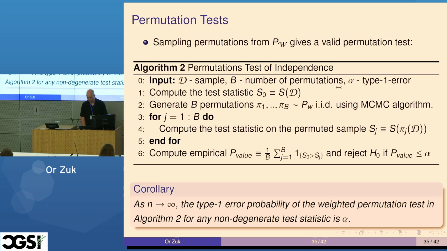And to do that, you cannot really sample permutations directly, so what we do is a Markov chain Monte Carlo algorithm. You traverse the space of permutations in a particular way such that your stationary distribution will indeed be proportional to this biased sampling mechanism, right?